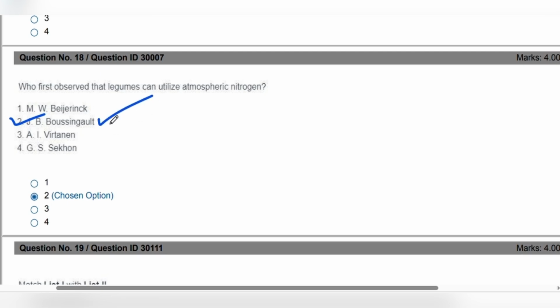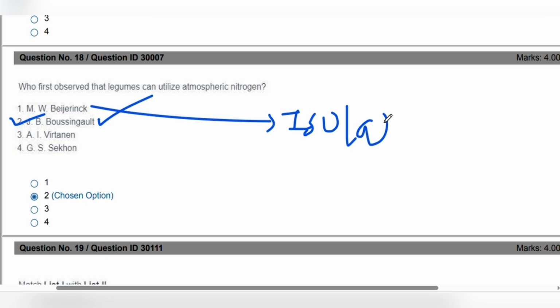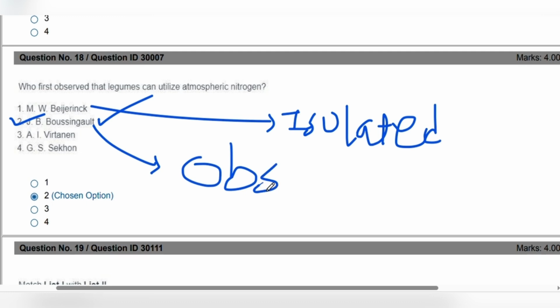So don't get confused. Beijerinck isolated the rhizobium from the legumes, whereas Boussingault observed for the first time that legumes can utilize atmospheric nitrogen and they do not need supplementary nitrogenous fertilizers for their good growth. So the answer will be Boussingault.